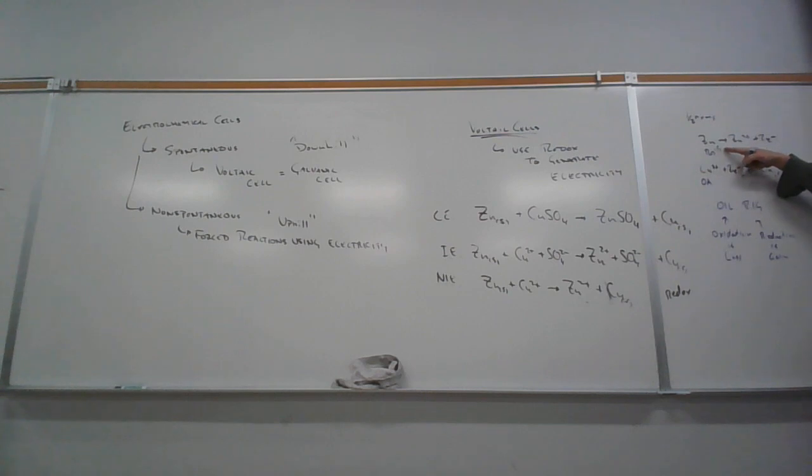And so this one, the reducing agent undergoes oxidation. The oxidizing agent oxidizes the reducing agent, and therefore the reducing agent undergoes oxidation. Oxidation is loss. So we call this first one the oxidation half reaction.